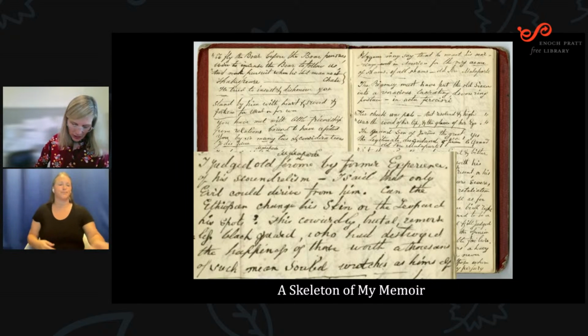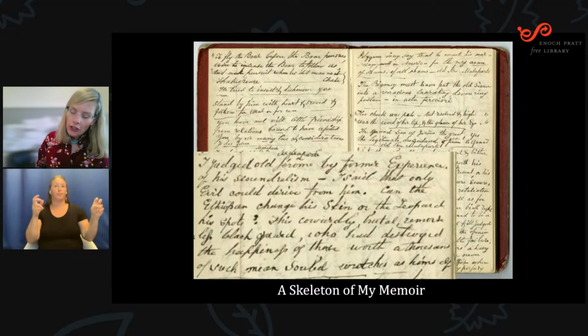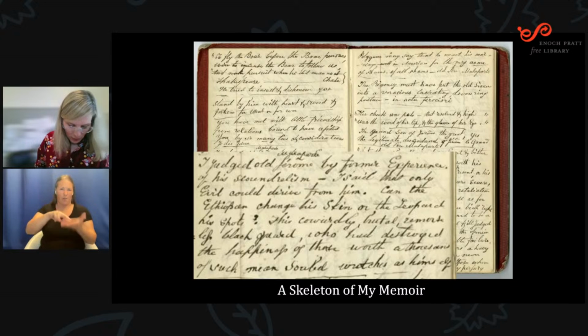And here is a little quote to give you a taste of what Elizabeth may have written on that desk. I quote, "I judged old Jerôme Malaparte," one of her favorite nicknames for him, Mal being bad in exchange for what typically would be bon, B-O-N, good. "I judged old Jerôme Malaparte by former experience of his scoundrelism.